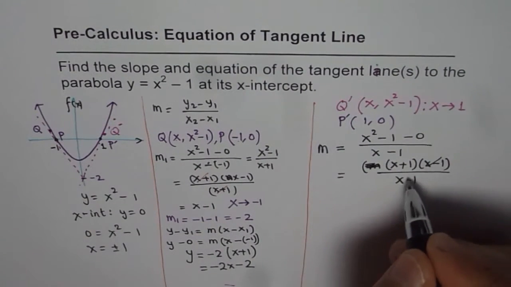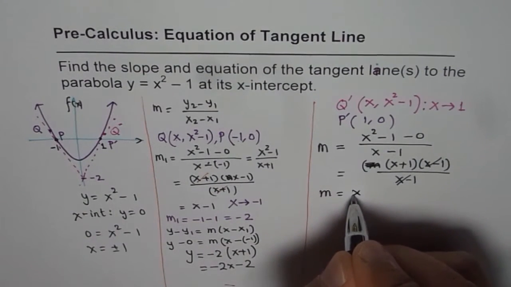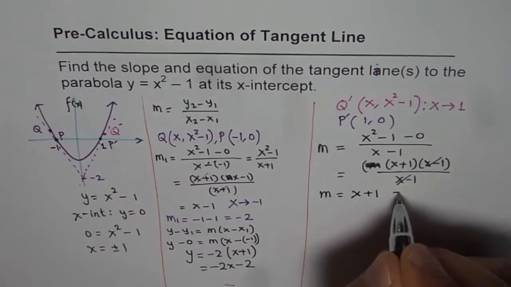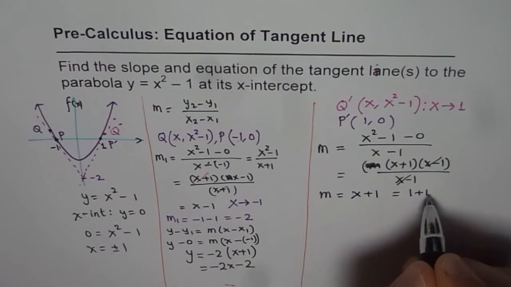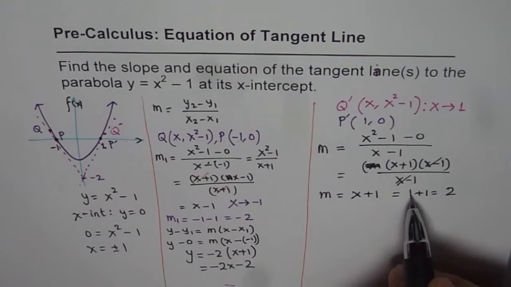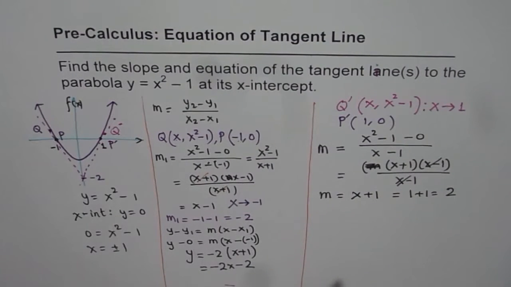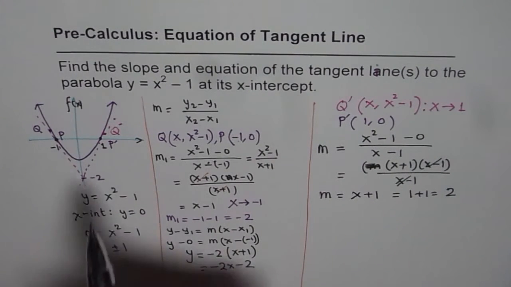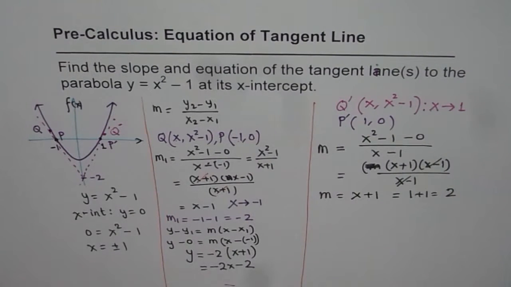Now x minus 1 cancels out, so we get slope equals x plus 1. Now as you see, x is approaching 1, correct? So I can write this as 1 plus 1 equals 2, right? I could have written 1.001, then it would be 2.001, which approximates to 2, right? So we have a slope of 2 for the line at the x-intercept of 1.